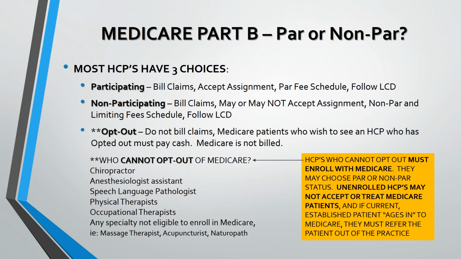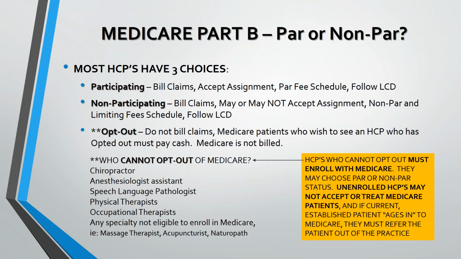and that includes established patients who age into the Medicare program. So, you may think, oh, well, I have a very young population of patients. We get very, very few Medicare-aged patients in my community. I don't see very many Medicare patients, and I have no problem referring any Medicare-aged or Medicare-eligible patient out of the practice.